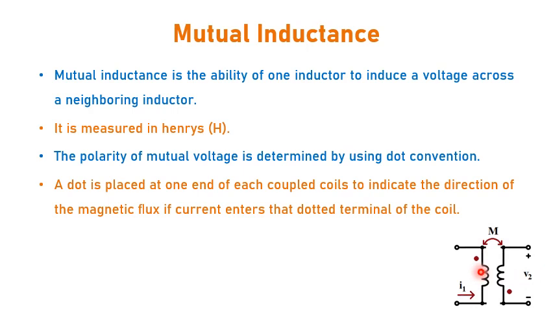So like this is a mutually coupled coil where there is a dot placed here. So based on the current entering whether in the undotted terminal or on the dotted terminal, we can find the voltage induced in the nearby coil.